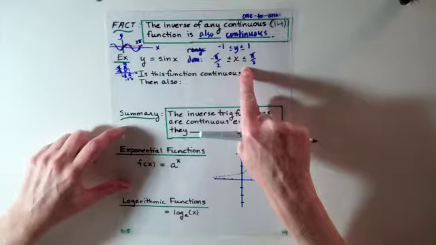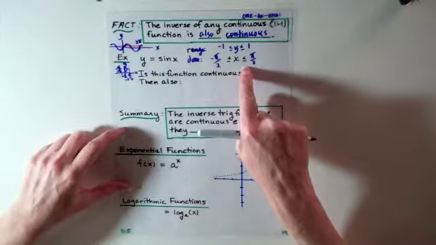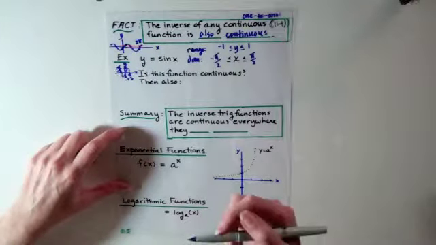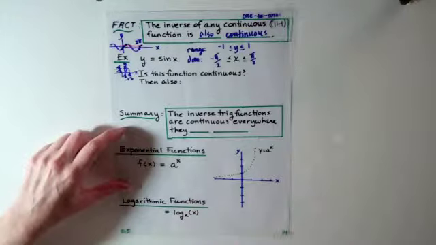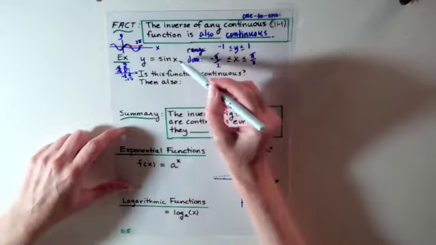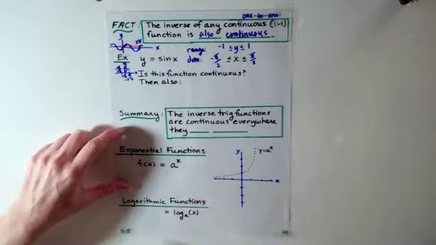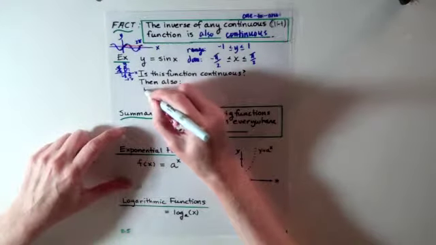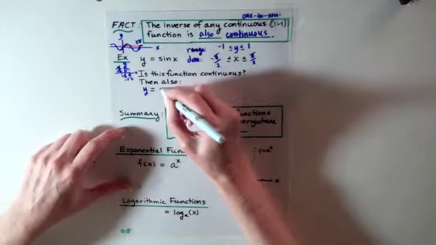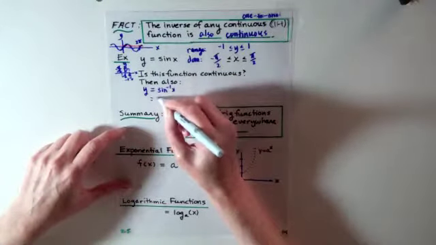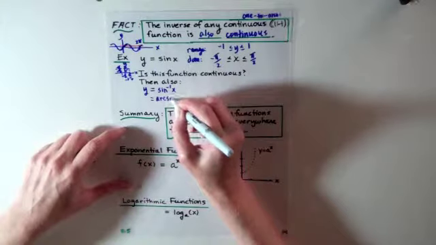That allows us to define the inverse sine function, and the inverse of any function is always found by interchanging the roles of x and y. Essentially, you replace y with x and you replace x with y. And then you give the new function its own name, and so the new function would be y equals the inverse sine of x, or you may have seen it written as the arc sine of x.